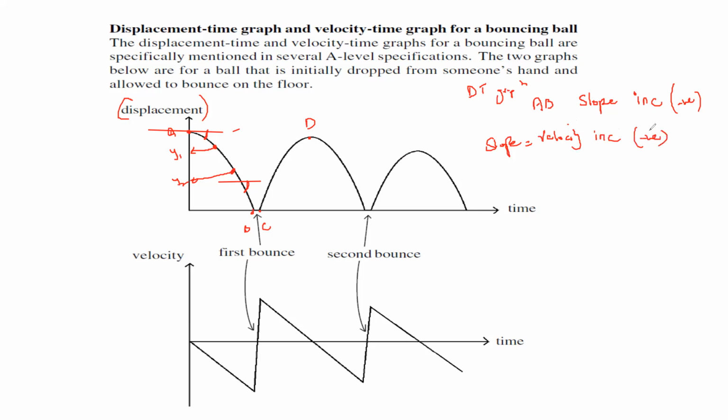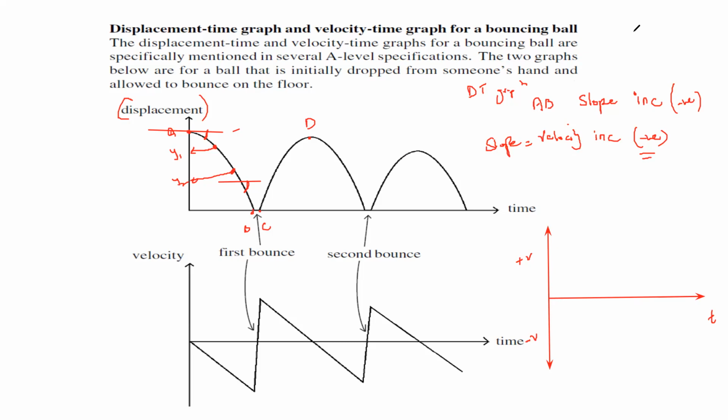The velocity should increase, but it should be in a negative axis. So when I complete the first part from A to B only, this is positive velocity, negative velocity, and time is there. The velocity should increase, but it should be a negative value.